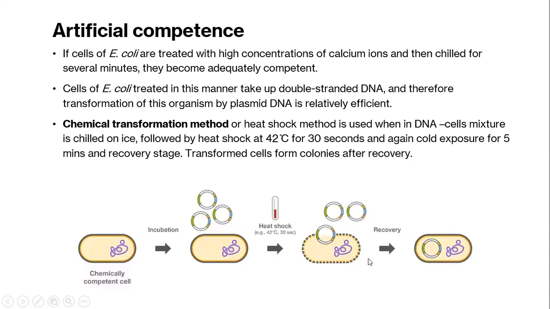A recovery medium is also added at this stage, and then the cells are incubated at 37 degrees Celsius for about an hour, allowing the cells to recover completely. After plating, the recovered and the transformed cells can be observed on the Petri plate in the form of colonies.